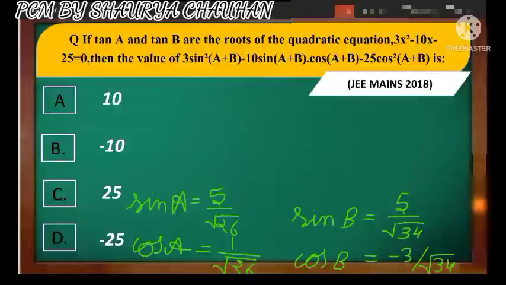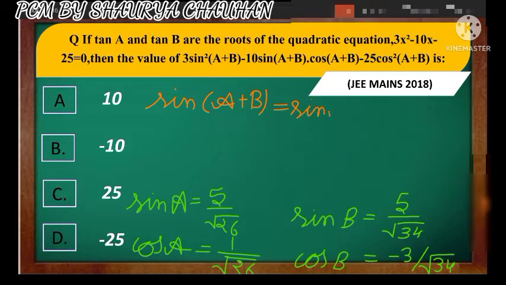The value of sin(A+B), after putting the formula, will become sin A cos B plus cos A sin B. The values of sin A, cos A, sin B, cos B are known to us, so let's put them in.